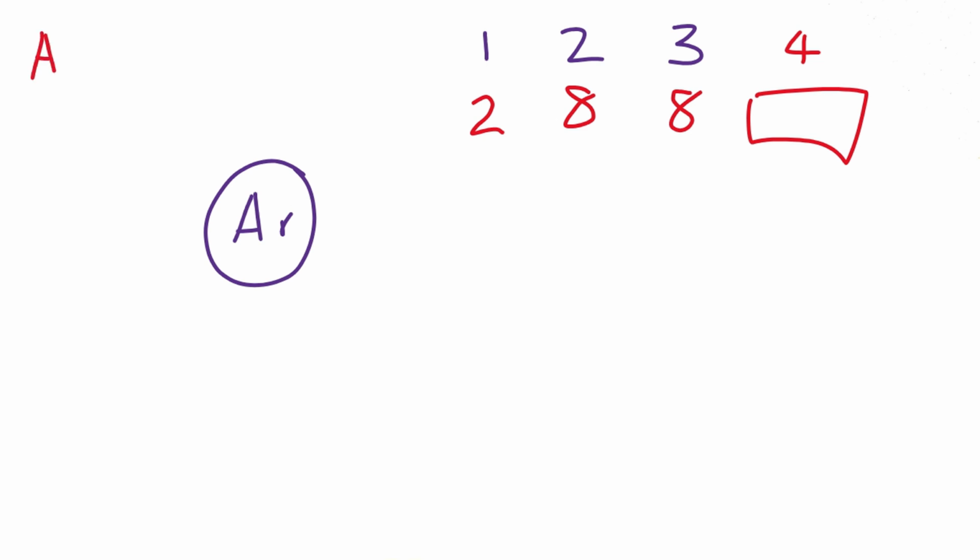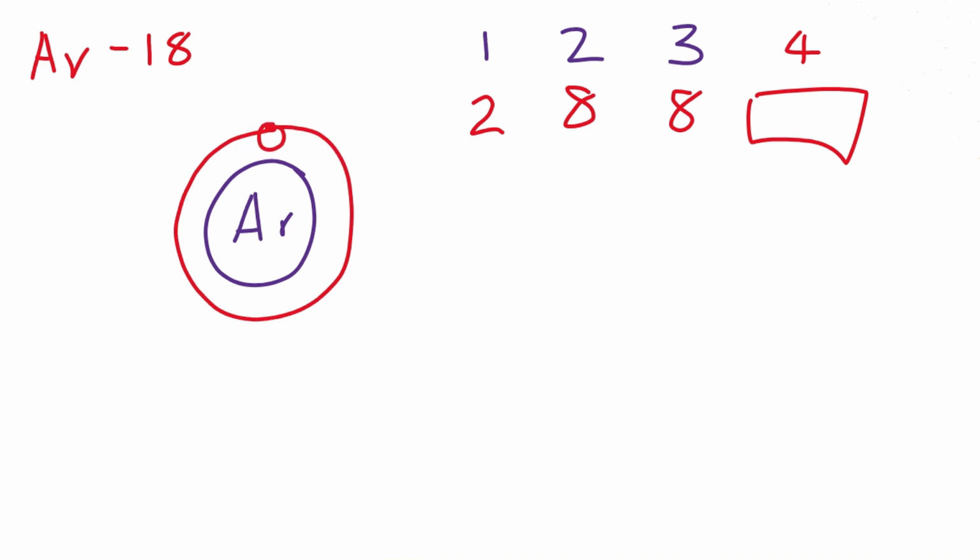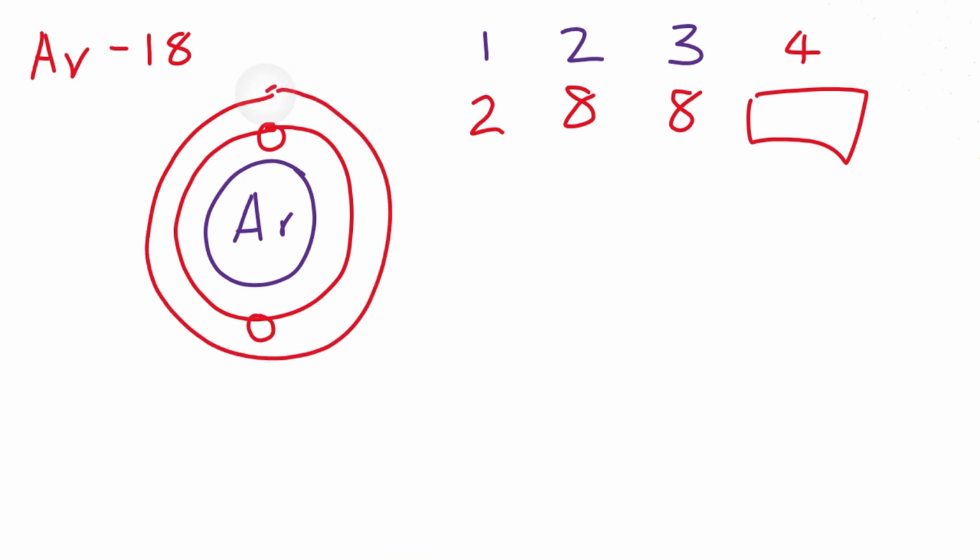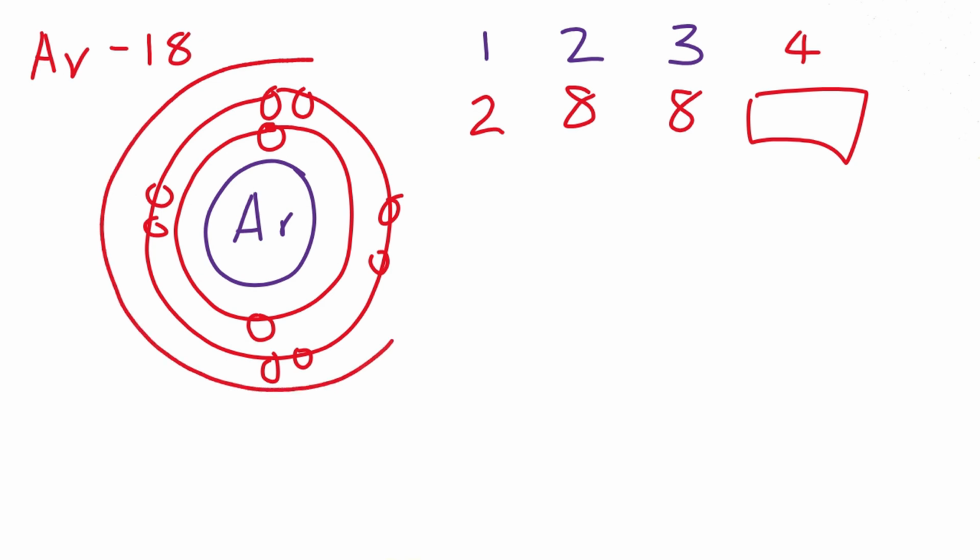So using this rule, argon has 18 electrons, how many can it bear? First shell, 2 electrons. Second shell, 8 electrons. Now we have already put 10 electrons into 2 shells. Now, how many electrons are left? 8 electrons left. That means the third shell can have 8 electrons.